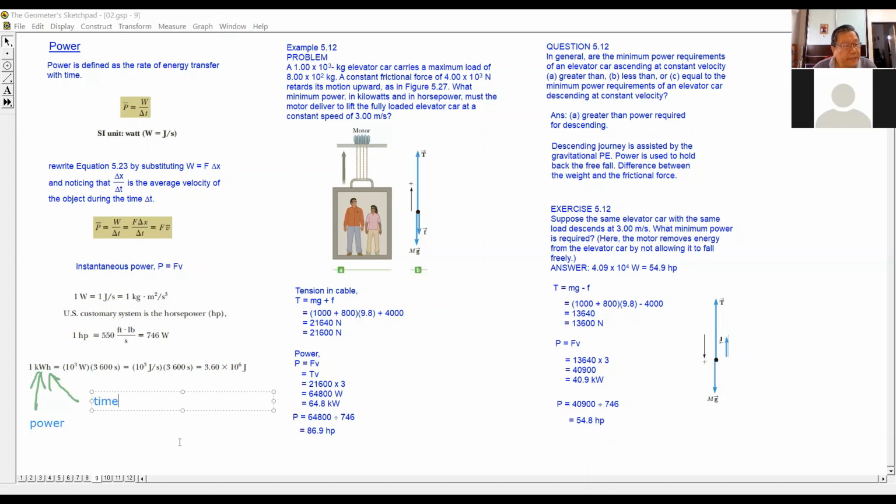So if you take the power multiplied with the time, you're actually calculating the energy. So kilowatt hour is not power, but it is the energy consumed.